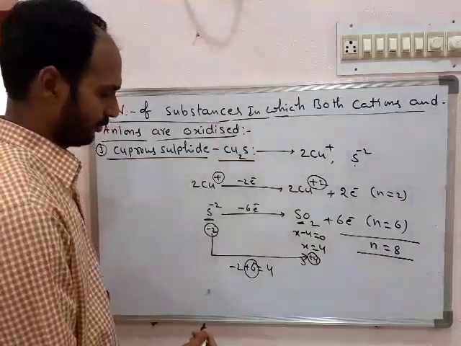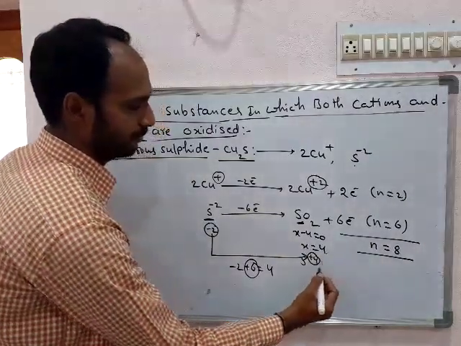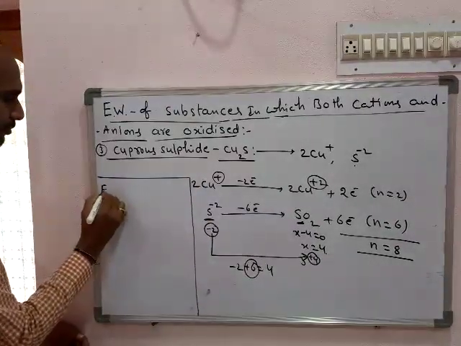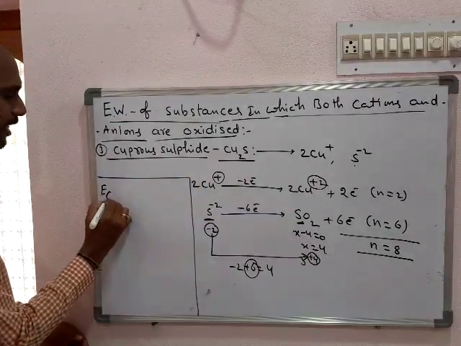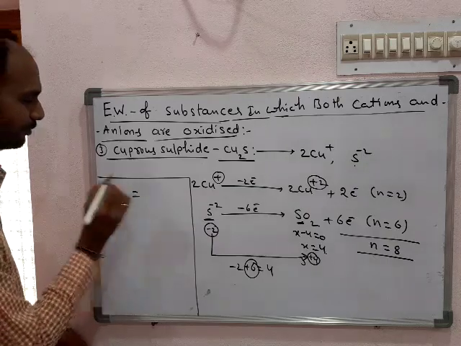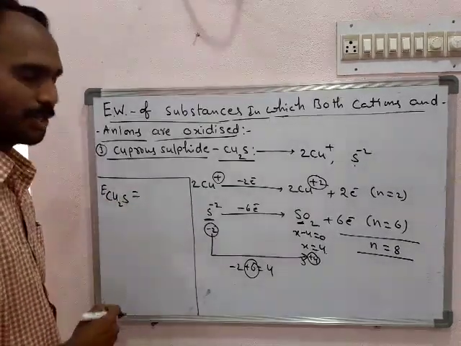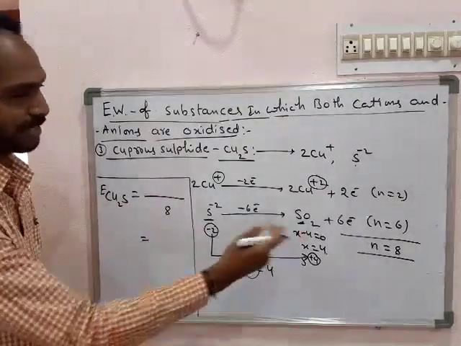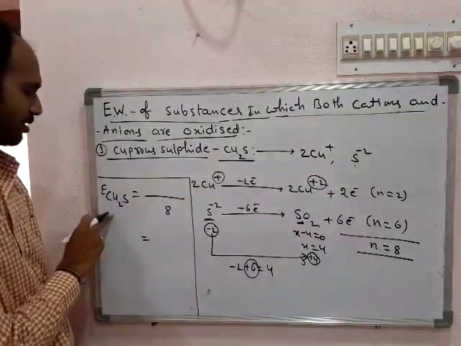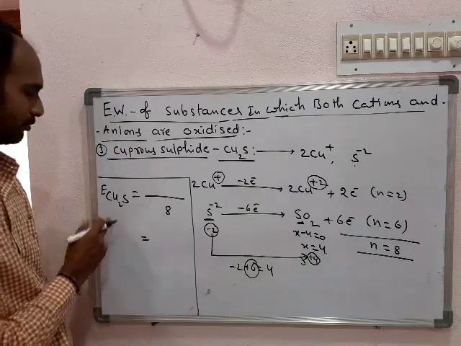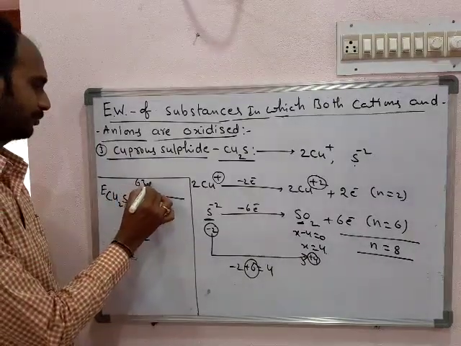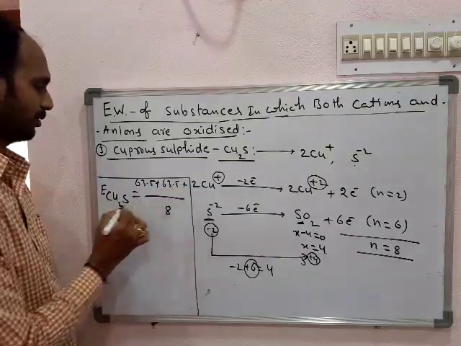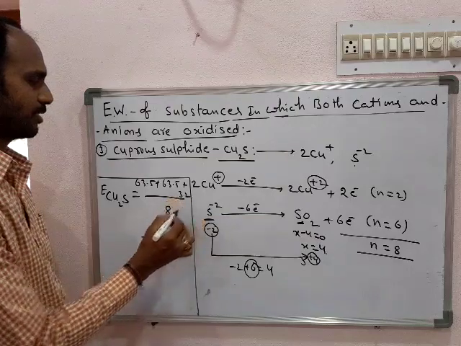So therefore, we can write the equivalent weight of cuprous sulfide is its molecular weight by 8, because the n factor is 8. So what is the molecular weight? Copper is 63.5, two coppers 63.5 plus, we know sulfur is 32.